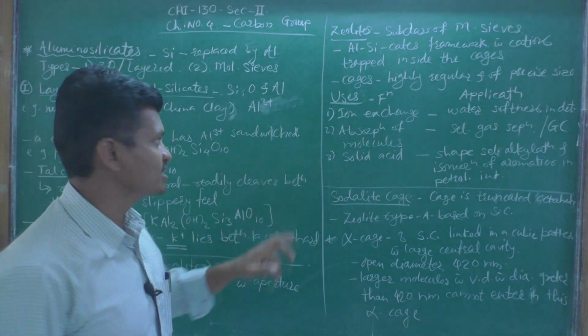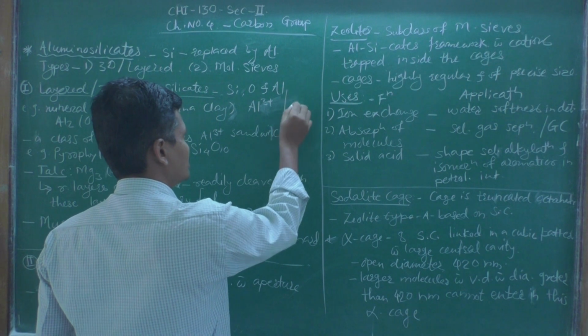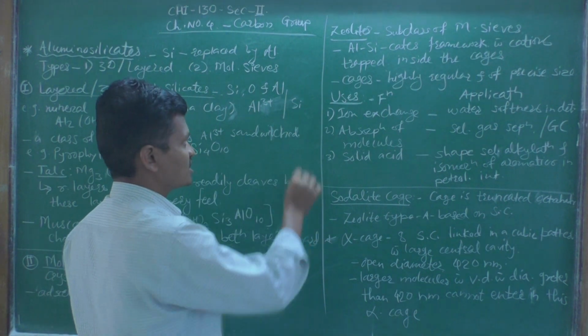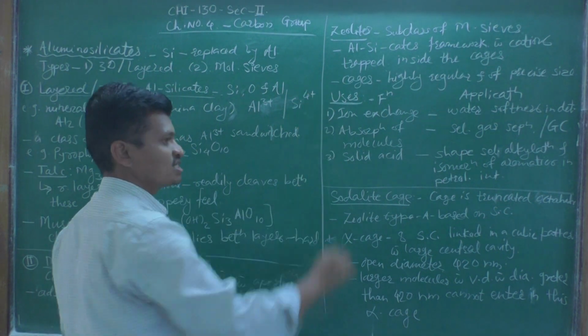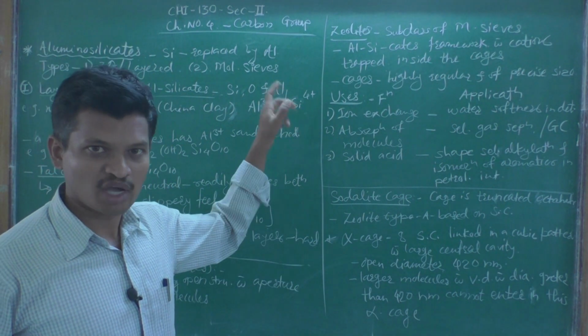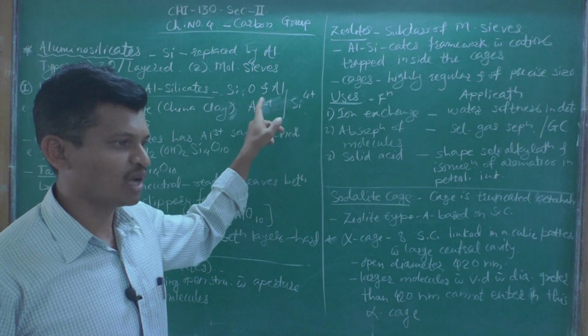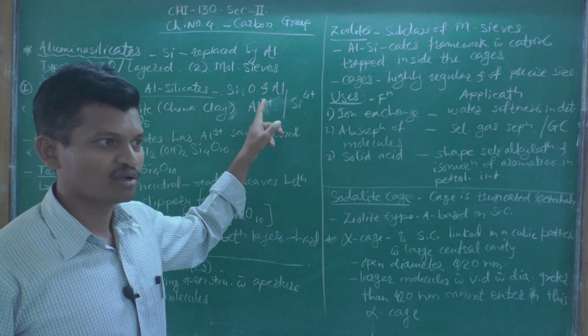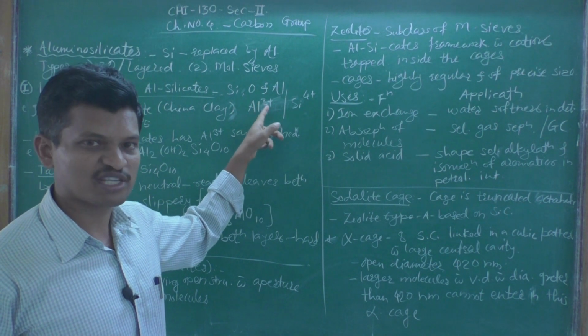But silicon exists in the +4 oxidation state, the stable oxidation state of silicon. This is the group valency of carbon group elements, that is +4. Aluminum is a 13 group element, so its group valency is +3.